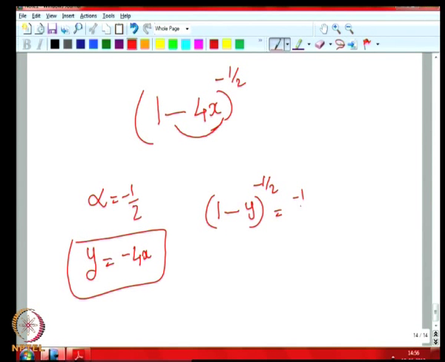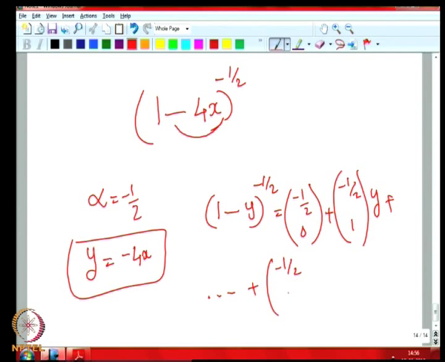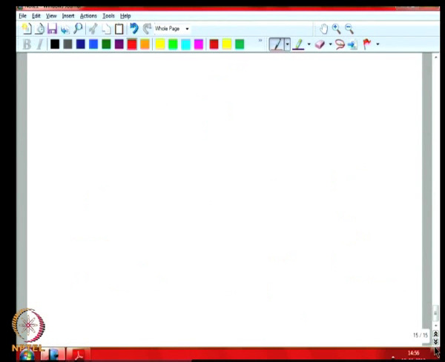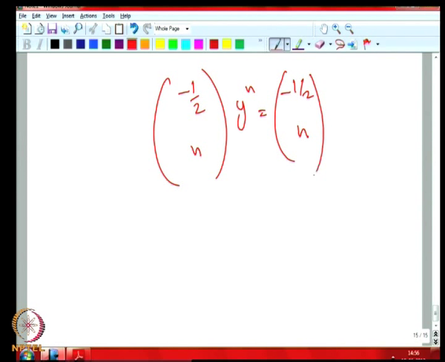This will be minus half choose 0 plus minus half choose 1 y plus, and the general term will be minus half choose n y to the power n and so on. That general term, minus half choose n y to the power n, will become minus half choose n times y being minus 4x, to the power n.